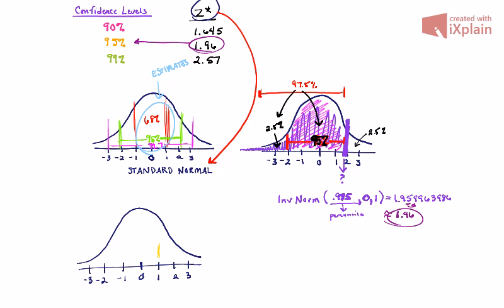And we know if we go 2 standard deviations, it's about 95. So let's say we're somewhere in here for 90%. Okay? So this is our 90. And we know that our stopping point in this case is somewhere around here.